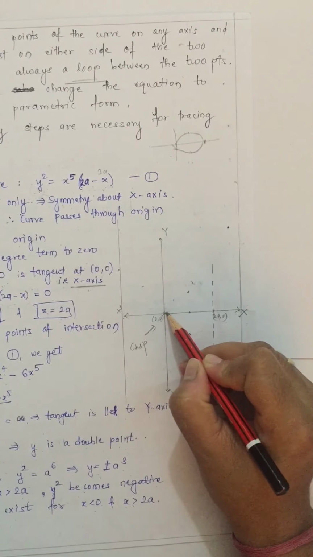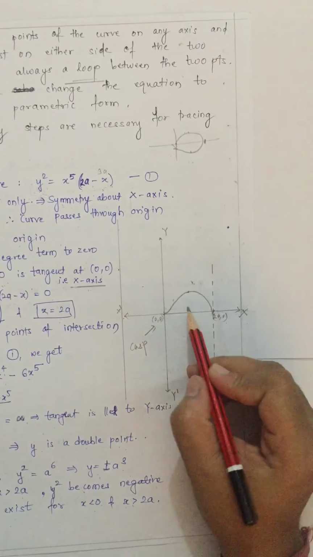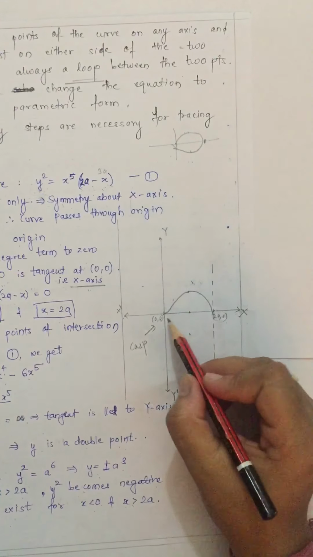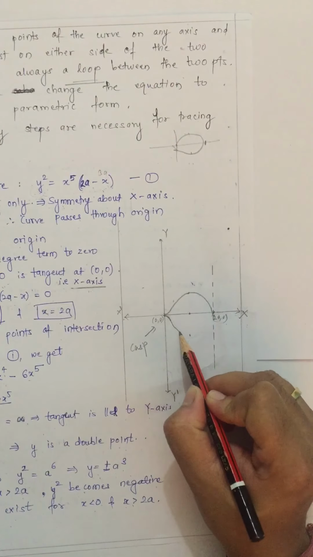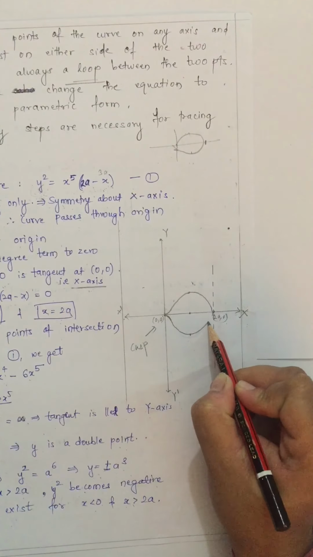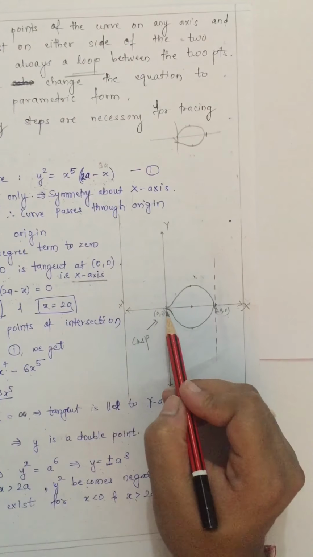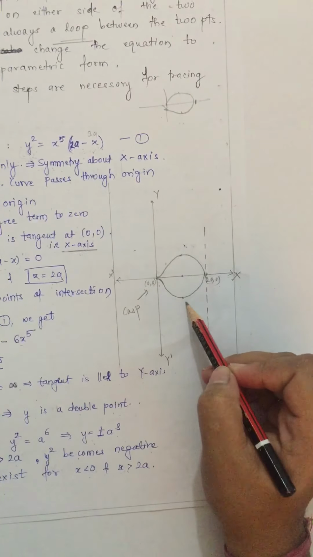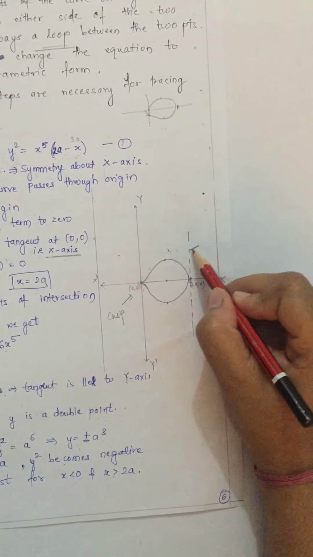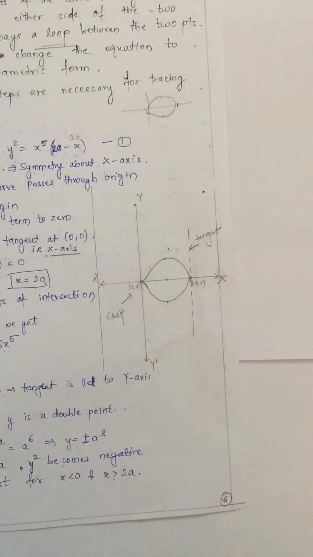So the curve will pass through this point, coming here, and a symmetric part will exist. This is a cusp, the double point. It is symmetrical about the x-axis. This line x equal to 2a is the tangent to the curve.